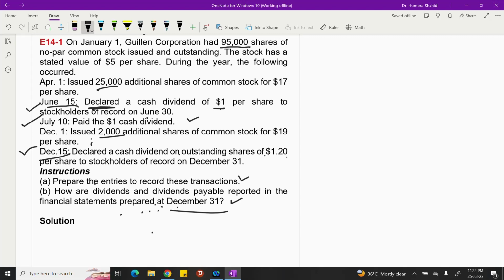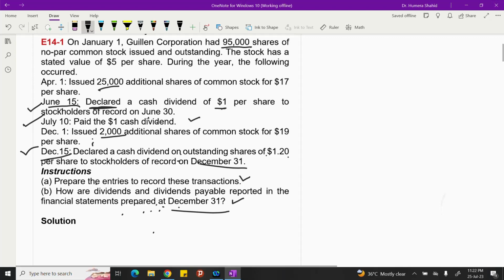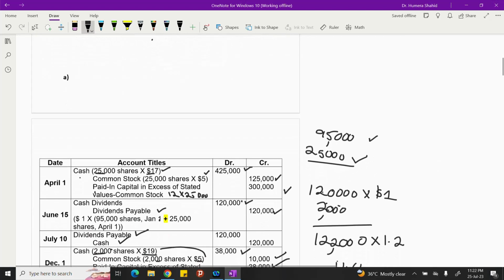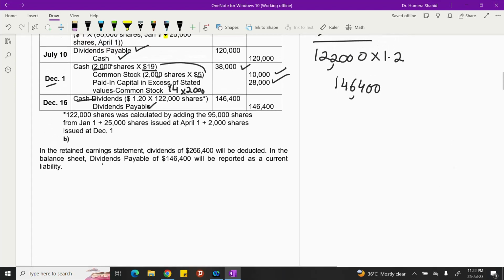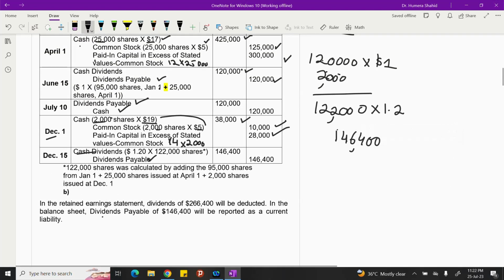But the December 15 dividend is still payable at December 31st, so we will have only this as the dividend payable. In the retained earnings statement, the dividends will be deducted. We have two cash dividends, 120,000 and 146,400, together they are 266,400.